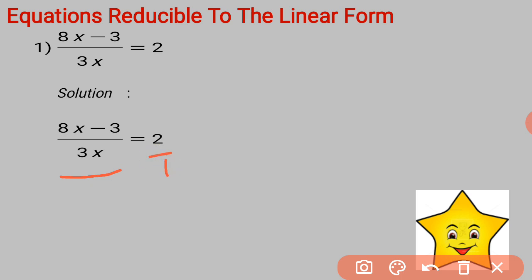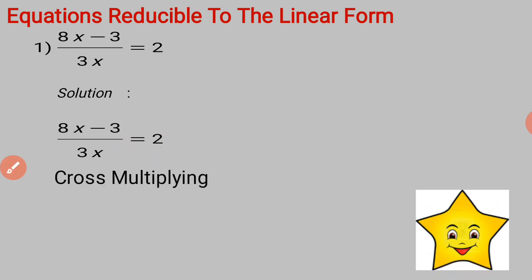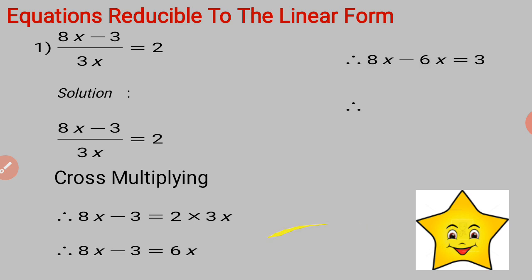And now you are going to cross multiply. 1 will be multiplied by 8x minus 3 and 2 will be multiplied by 3x. This is how you will get 8x minus 3 equal to 2 into 3x. You solve it further, you get x equal to 3 by 2. So it's quite easy, isn't it?